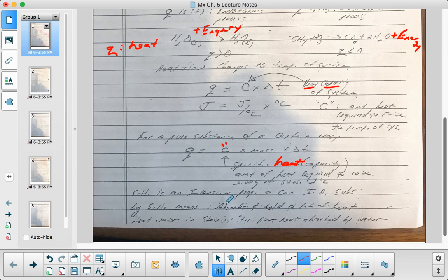If you wanted your water to get hot, and not necessarily the pan, you don't want all of your energy to go into the pan, you want it to go into the water, then you're going to want to use a material such as stainless steel, which has a very low specific heat, roughly 0.5 joule per gram degrees Celsius, while the water has a very high specific heat, which is 4.184 joule per gram degrees Celsius. So significantly different values for specific heat.